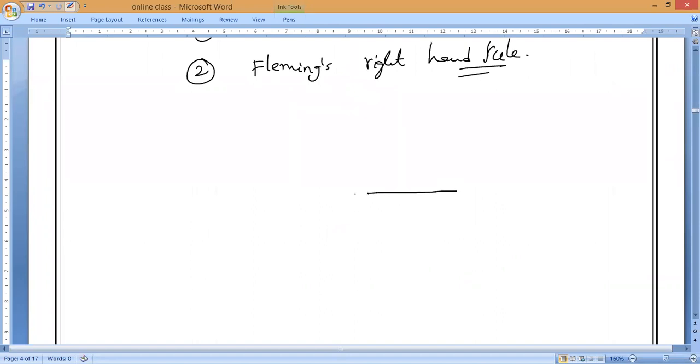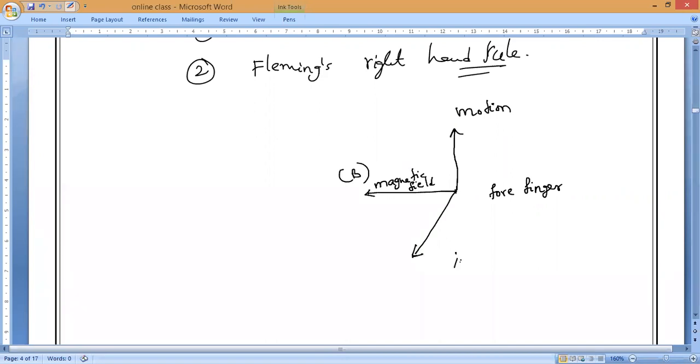The index finger, or forefinger, is indicating the magnetic field, B. The thumb is indicating motion. And the middle finger is indicating the induced current. That is what you have to remember.